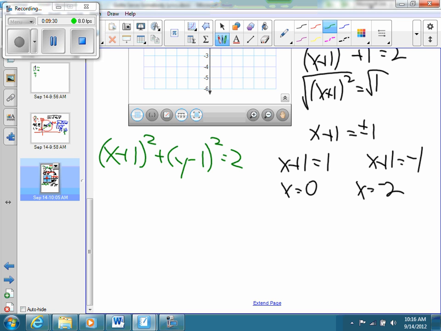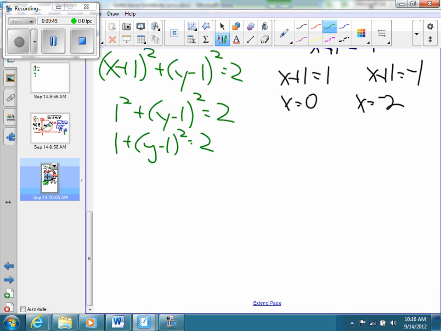I'm looking for y-intercepts, so I'm going to set x equal to 0. So this is going to be 1 squared plus (y minus 1) squared equals 2. So 1 plus (y minus 1) squared equals 2. Subtract 1 from both sides. I'm going to get (y minus 1) squared is equal to 1.